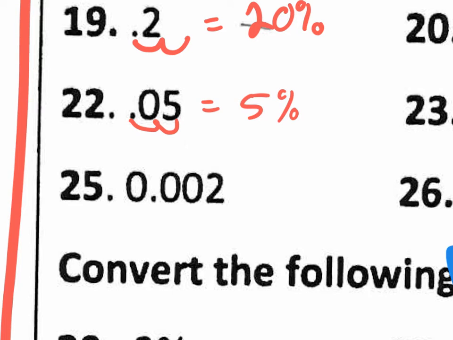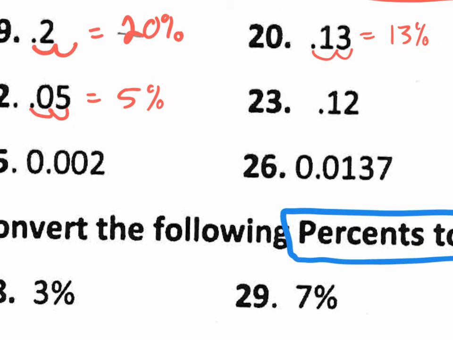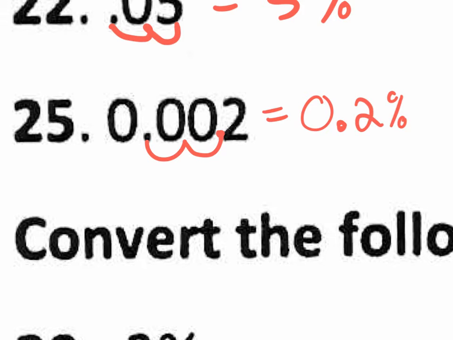Now, don't think that when you convert a decimal to a percent, there are no longer decimals. Sometimes there are decimals within percents. For example, 0.002. I want to move it over 2 spaces, and the decimal's right here, but now it's a percent, so it's really 0.2%.